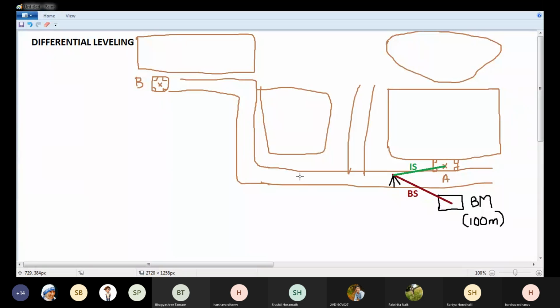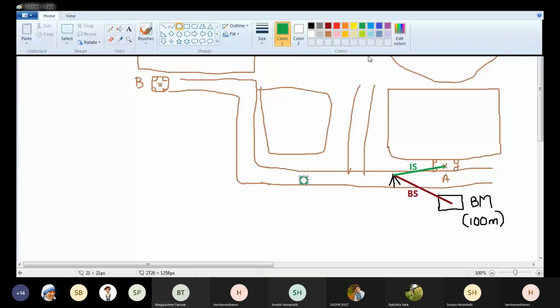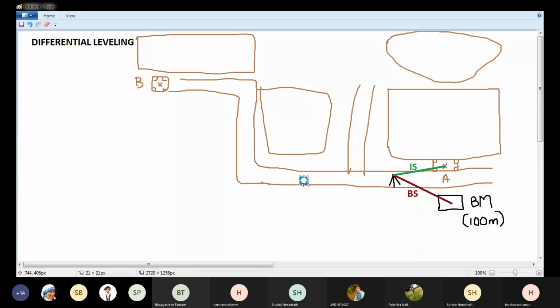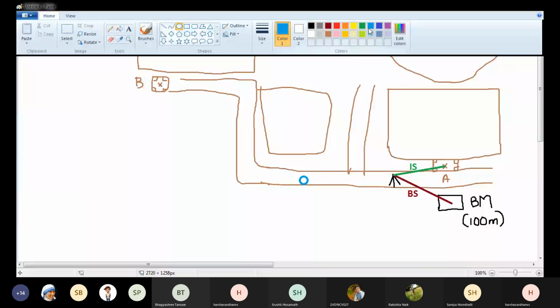Let's say I will select the change point here. I'm selecting the change point here, and I will take reading on change point.